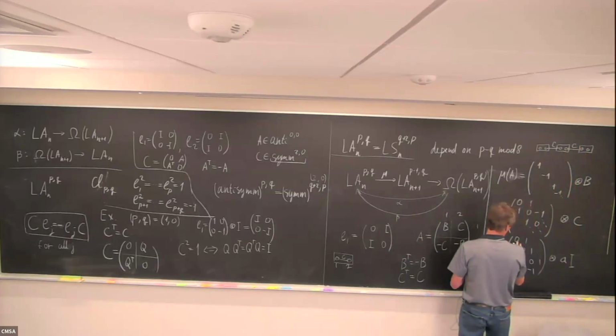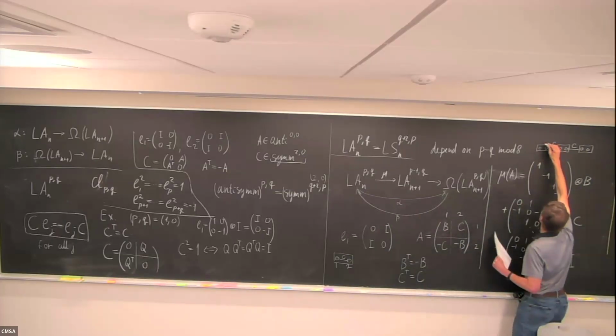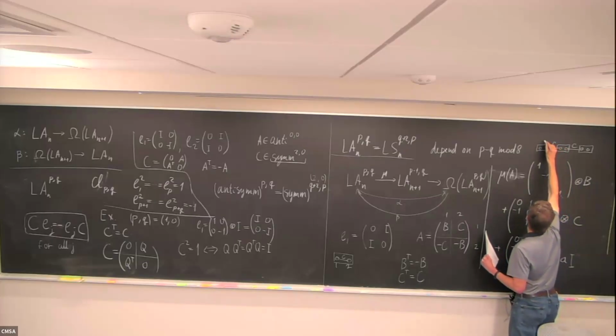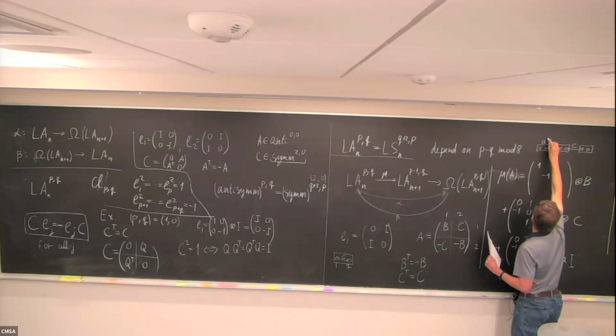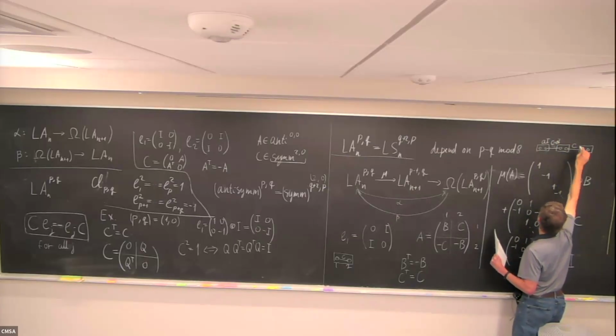And notice this alternating term. It's actually A times identity, C minus IA, and so on.